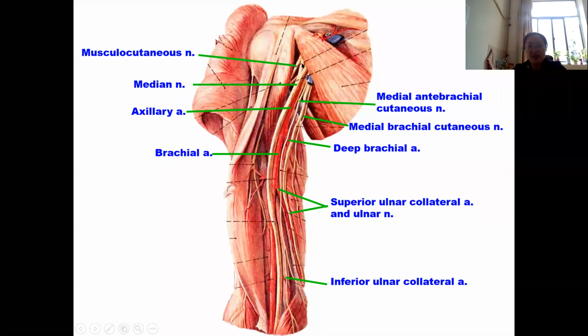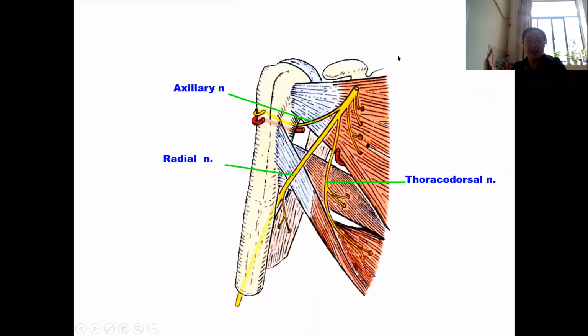The medial cord gives this large one, the ulnar nerve. The posterior cord gives the axillary nerve and the radial nerve. From here we cannot see them clearly; we will see them a few minutes later.